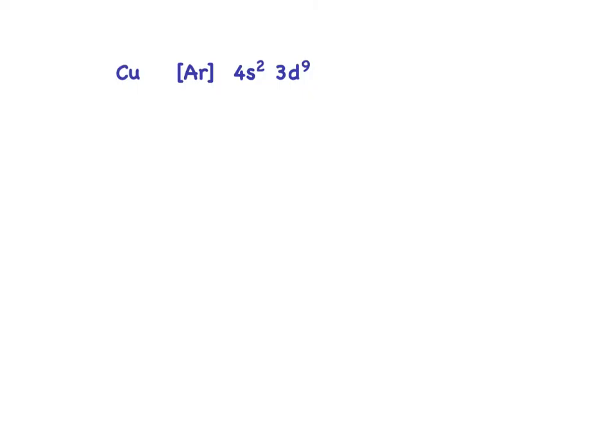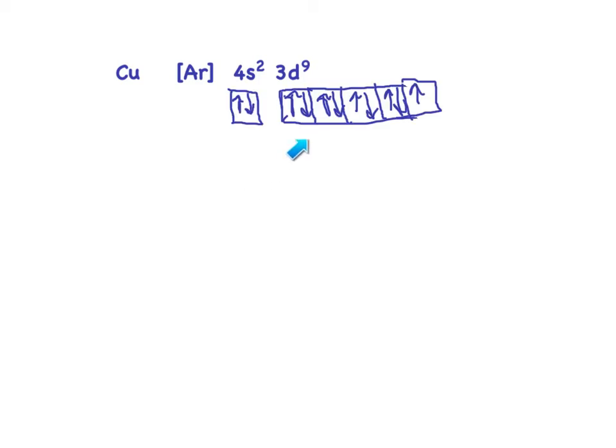Here's copper's electron configuration. If we think about where those electrons actually reside, by putting this into a box diagram, this is what it would look like. The important thing to remember when you're dealing with these transition metals that have d orbitals is that even though when filling, electrons would go into the 4s orbital first and then into the 3d orbitals, the last ones in aren't necessarily going to be the first ones out.